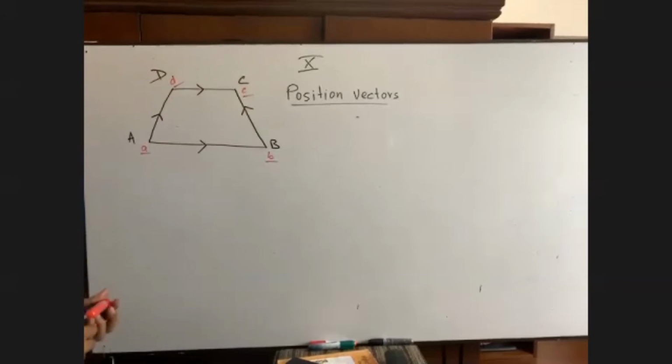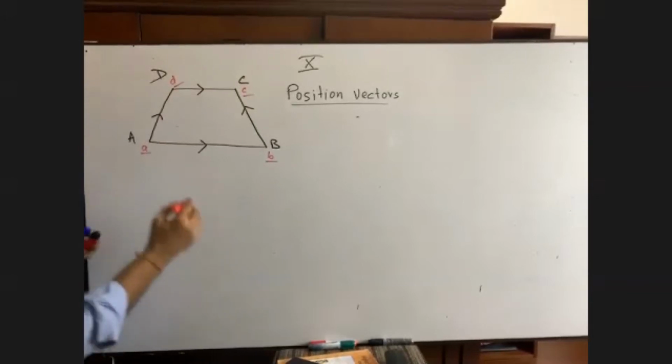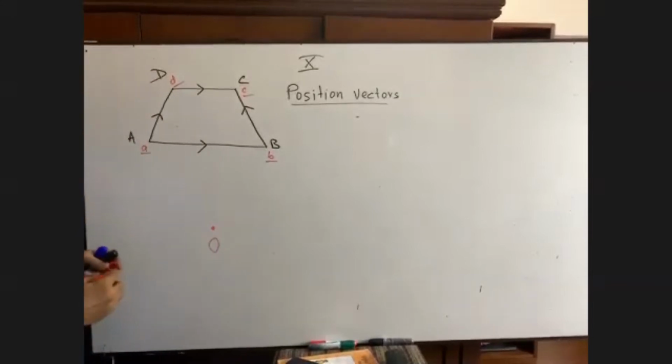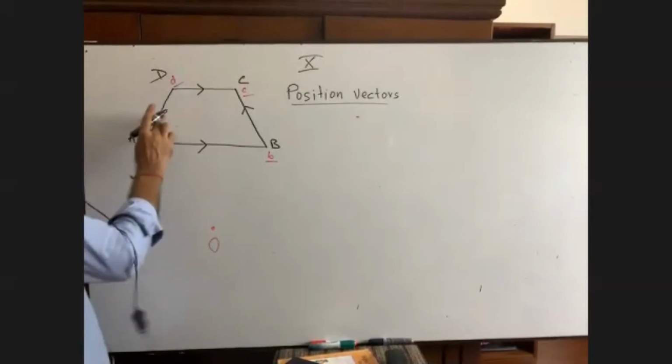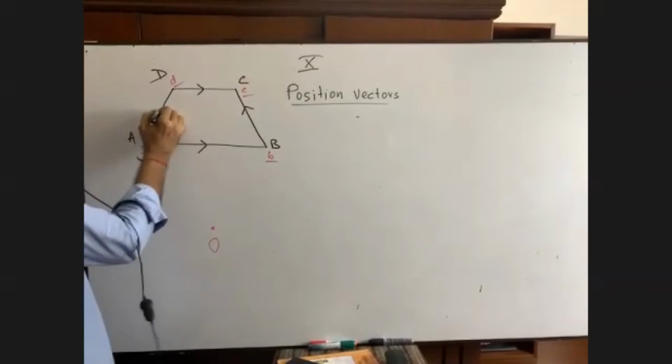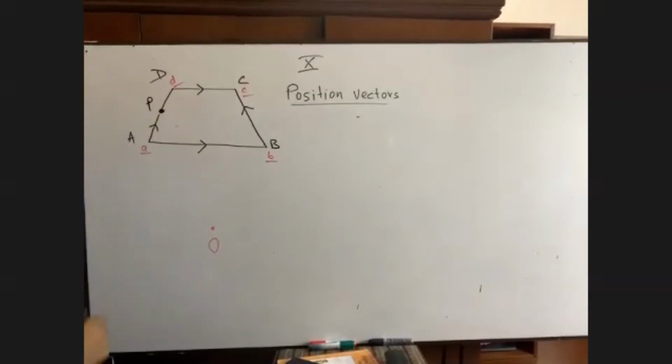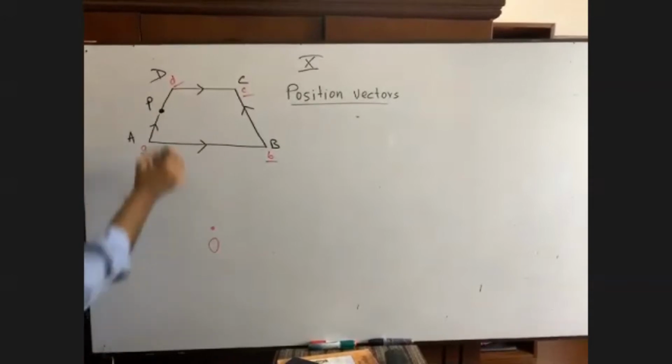What are position vectors? I told you, from a certain origin, this is the origin, O. Now, suppose you are given here the midpoint, and it is P. Now you have to find OP.